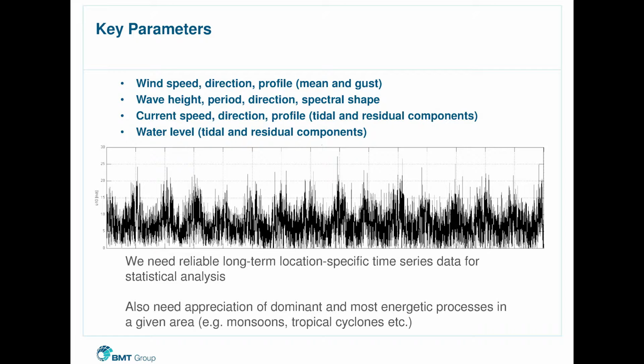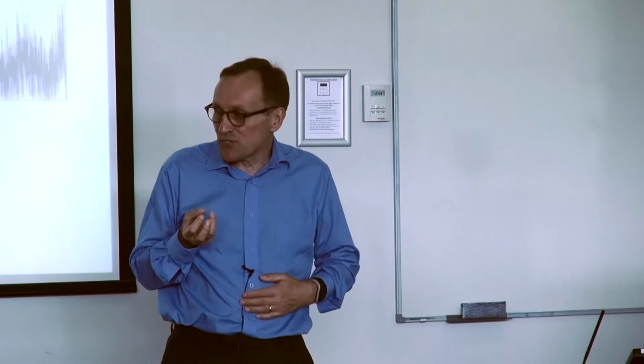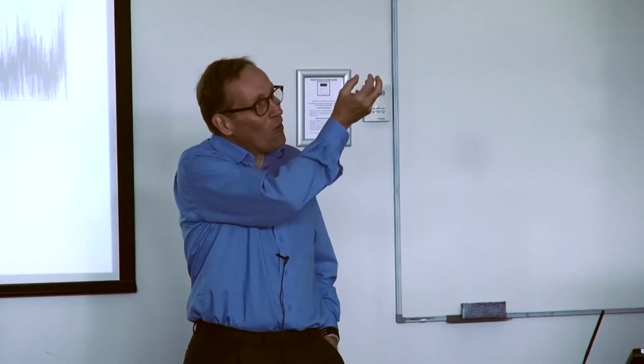But we're quite limited in getting the sort of information that we need to inform our design. So ideally, we want reliable long-term time history data at a specific point in the ocean. And we want it for all of those parameters.